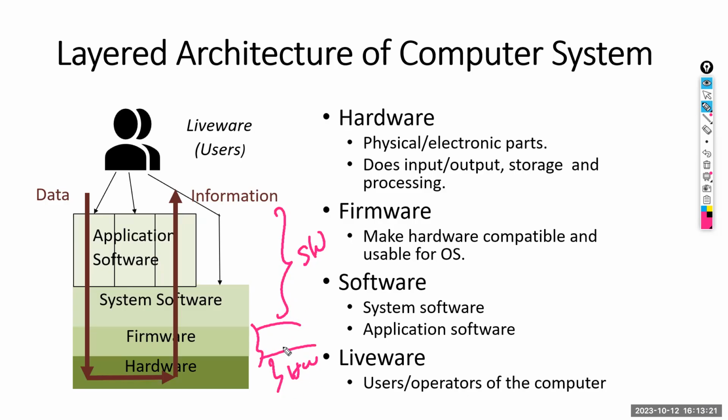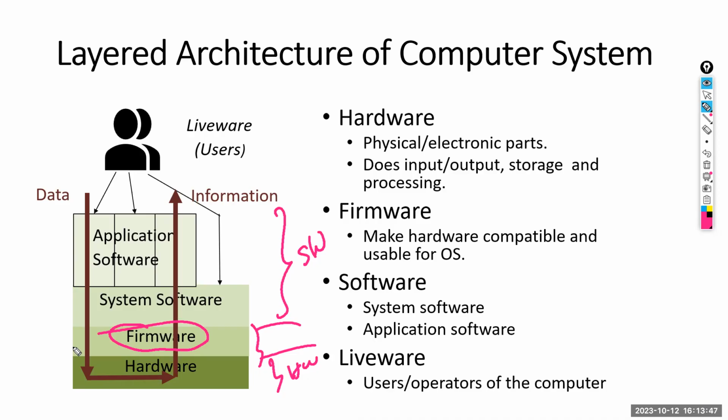Hard means tangible, physical. Soft means non-tangible, cannot touch. So firm's literal meaning is not as hard, but not as soft. So that is the meaning. But technically, firmware is also software.